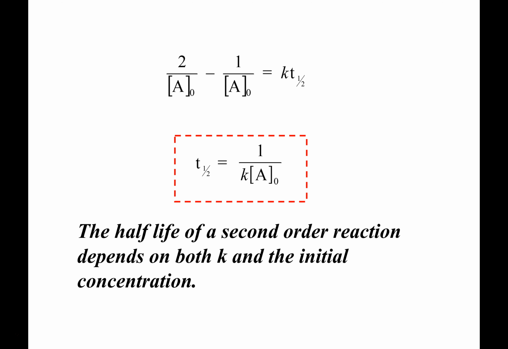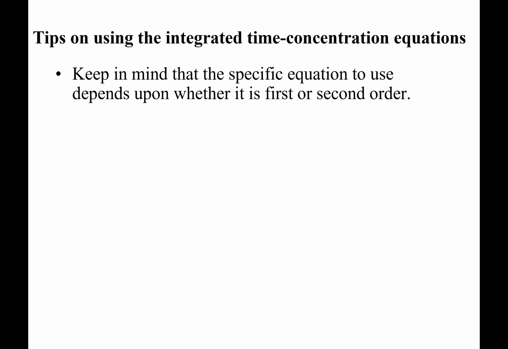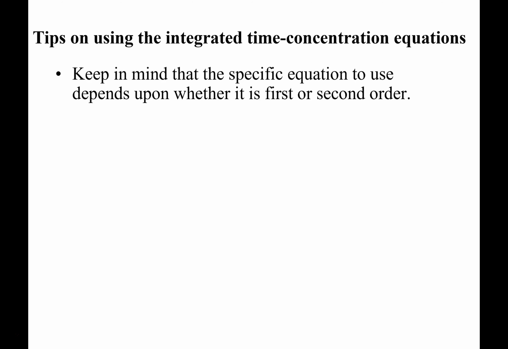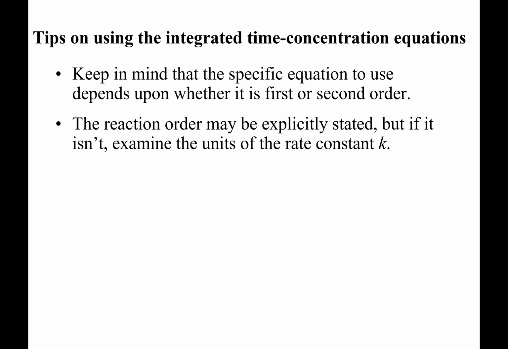All right then, let's work a problem. So here are some tips. One tip is make sure you know if it's first or second order. It'll either tell you, or if it doesn't, you can use the units of k, as long as it's only one reactant.